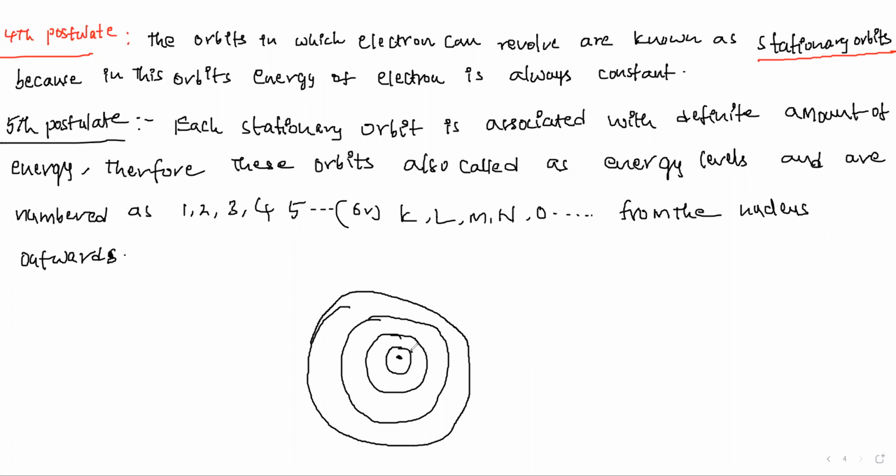So these orbits are represented as K, L, M, N or 1, 2, 3, 4, etc. Is it clear, everyone?